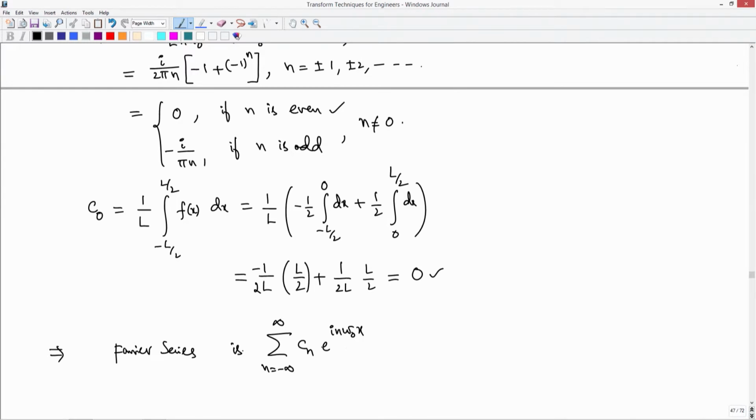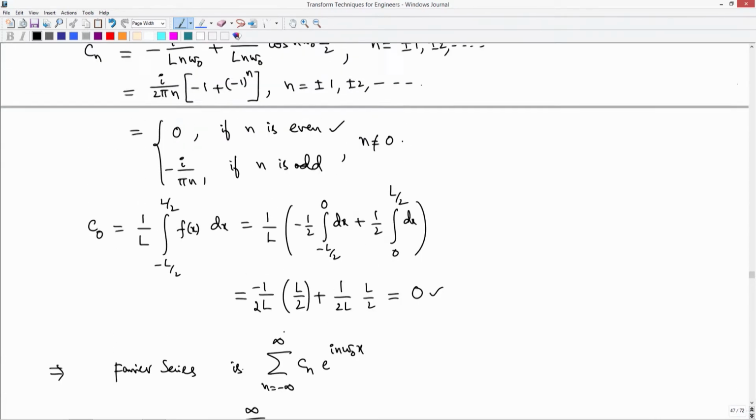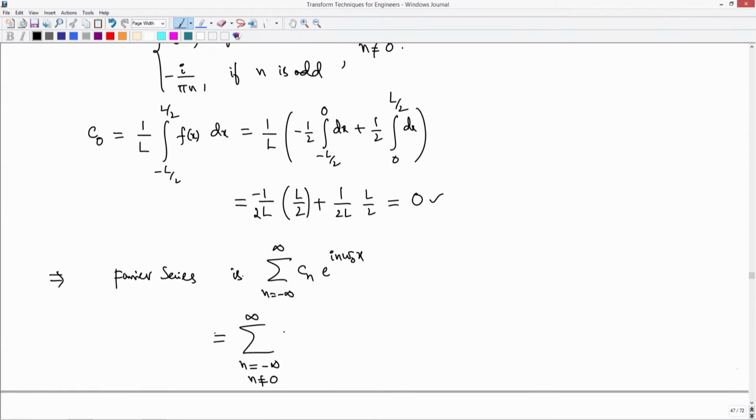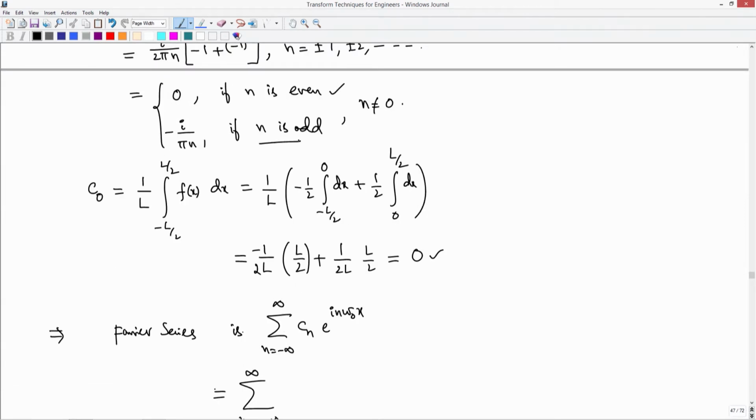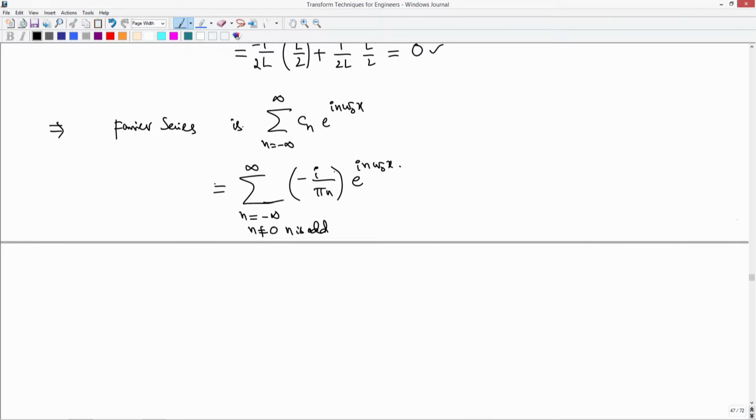This is equal to sigma, n from minus infinity to infinity and n not equal to 0, because for n equal to 0 it is anyway 0, and only for n odd you have minus I by pi n into e power I n omega naught x. So, n is from minus infinity to infinity, n is not equal to 0 and n is odd.